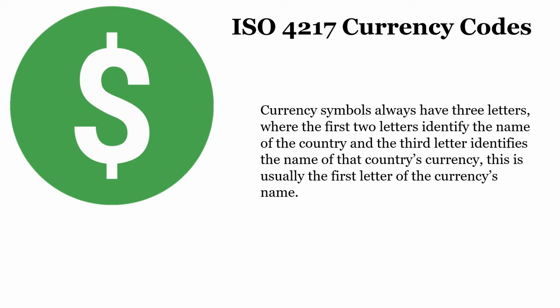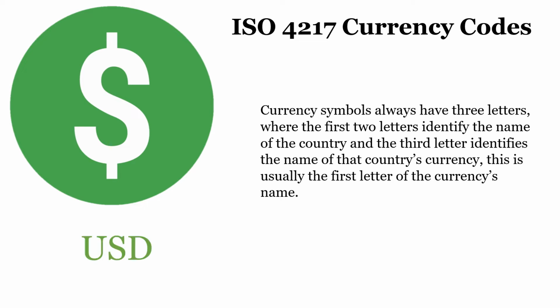ISO 4217 Currency Codes is a standard published by the International Organization for Standardization that defines how currency symbols are represented. But that's not important. What's important is that you understand what it represents.